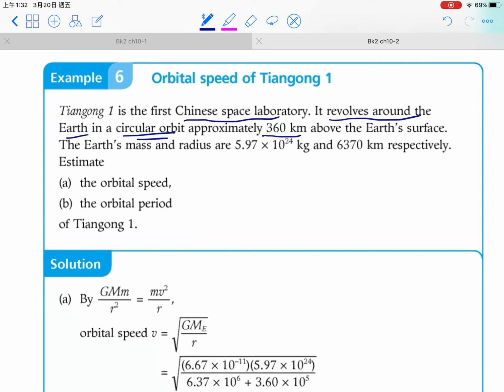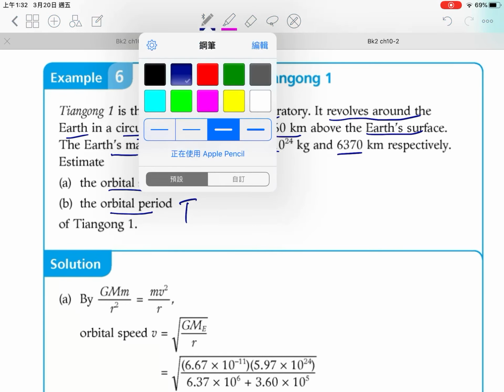It is 360 km above the Earth's surface, and we know the mass of the Earth and also the radius of the Earth. Find the orbital speed v, and find the orbital period T.